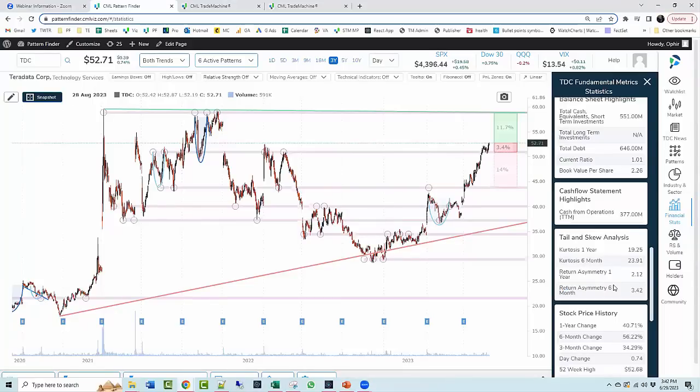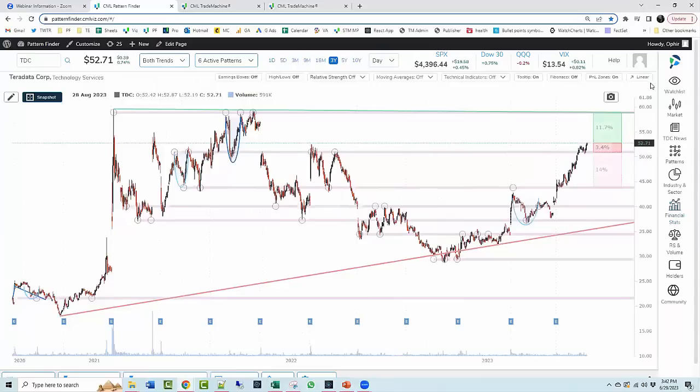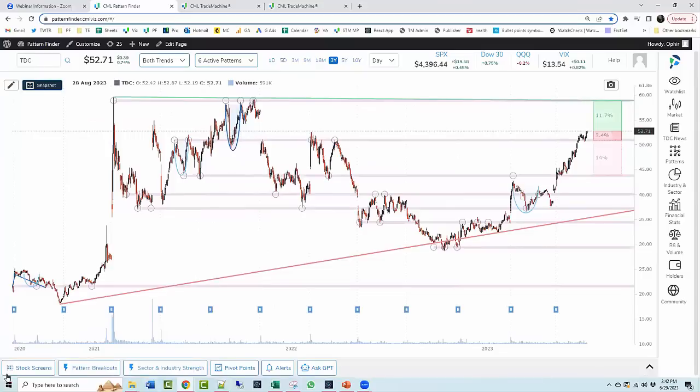Now we have probabilities in our back pocket, statistically significant probabilities over 5 years, 3 years, and half a year. Now we can measure a trade not just by the strength of its chart, but by the strength of its return distribution characteristics. Let's build a new screen together before we go to Trade Machine. And before I go to Trade Machine, I'm going to show you something else you guys now have.